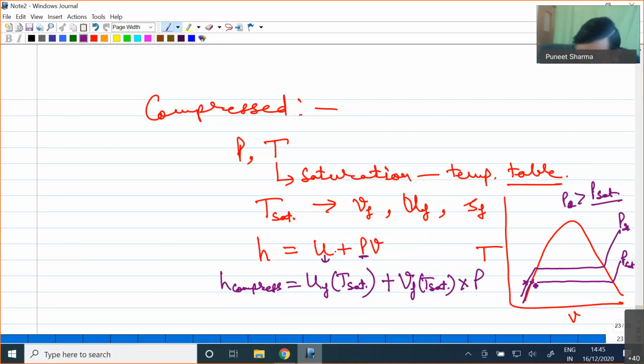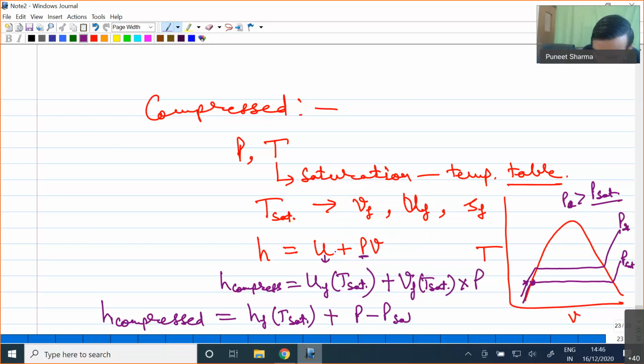Now another way could be that I calculate the value of enthalpy at this point directly. Let me just explain what I can do. I can write H compressed as nothing but equal to HF at T saturation, plus P minus P saturation into VF at T saturation. So here we are considering the enthalpy at the saturation point.